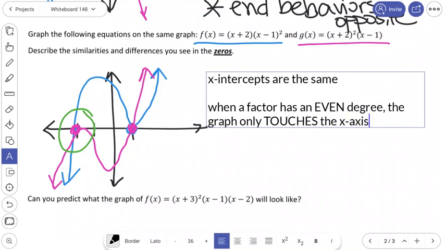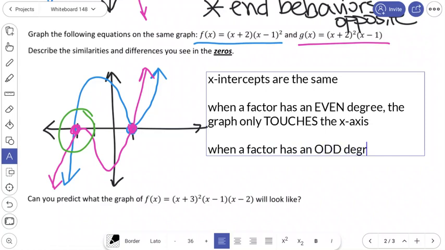Okay, so when we have a factor that has an even degree, like x minus 1 squared, or to the fourth, or to the sixth power, any of those even numbers, the graph is only going to touch the x-axis at that x-intercept. Okay, so what do you think is going to happen when a factor has an odd degree?